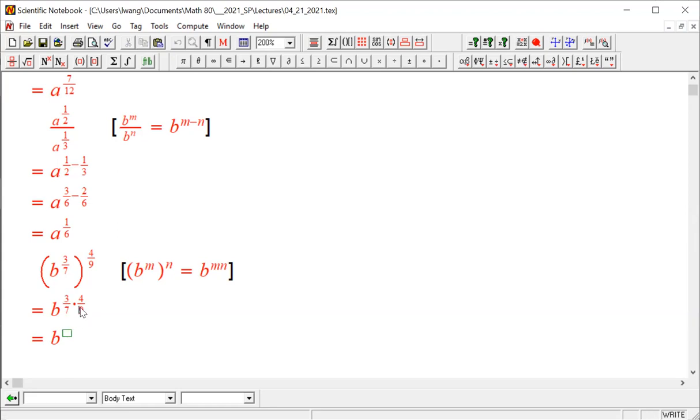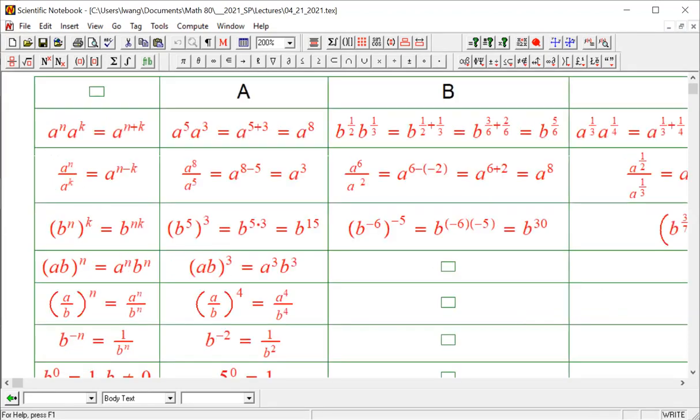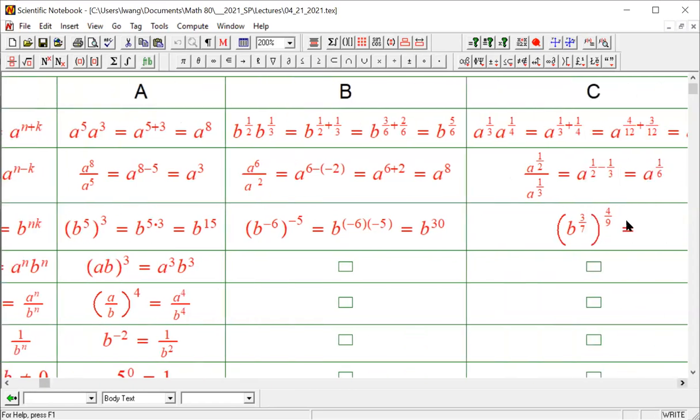3 and 9 can reduce. So 3 goes into 9, that's left with 3. 3 times 7 is 21. And 1 times 4 is 4. That's it, right? That's what you do for this question here.